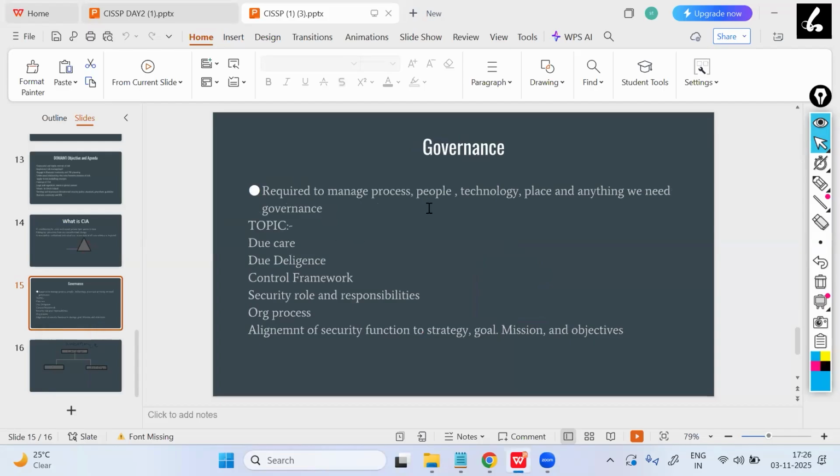Now, the topic of governance. What do we mean by governance? It is again a simple English terminology, and why governance is required. If you take an example of any state, any office, any country, there is a government who is running it. Why we need someone to run, and especially PPT, people, process, and technology.